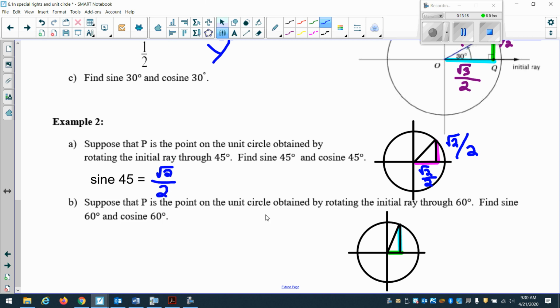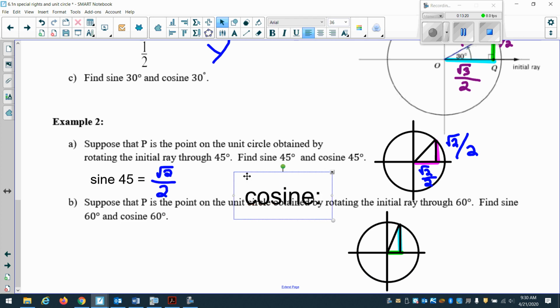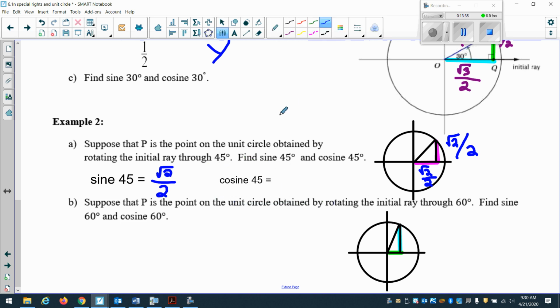Then the same thing for cosine of 45 will equal the same thing, √2/2. So if you notice, 45 degrees have the same measurements. So those are going to be the easiest to remember, okay?